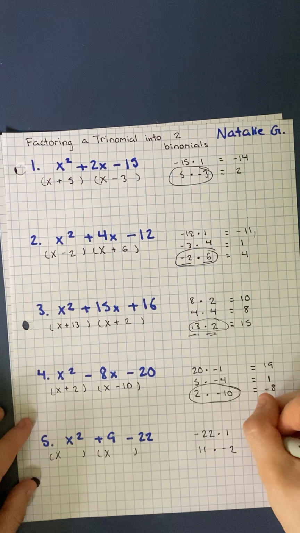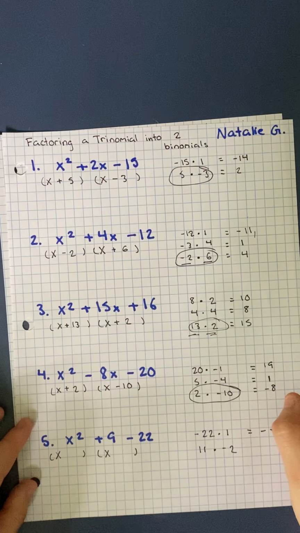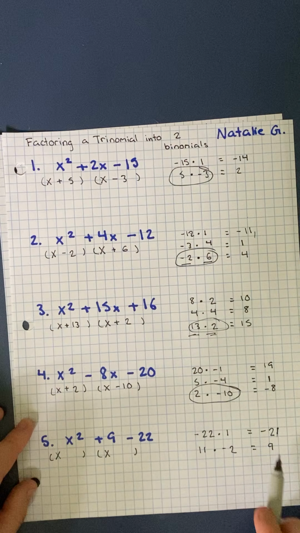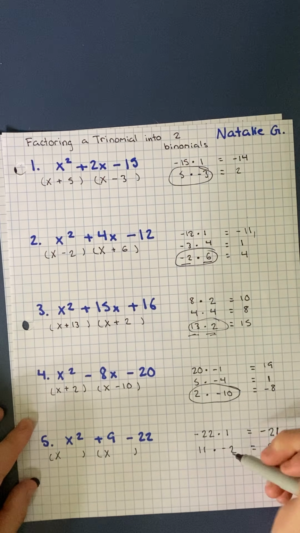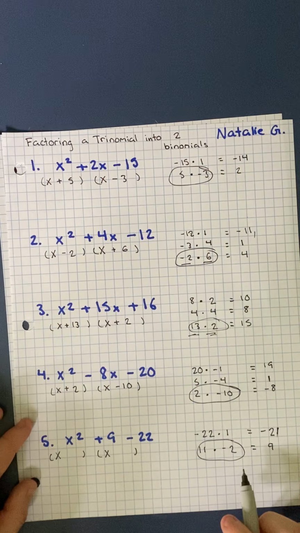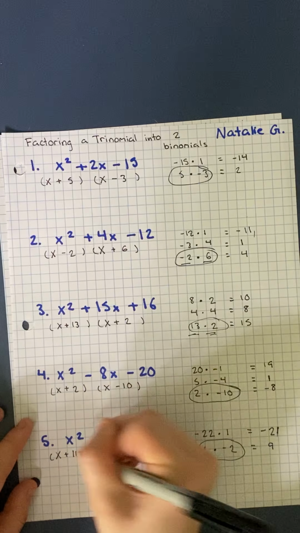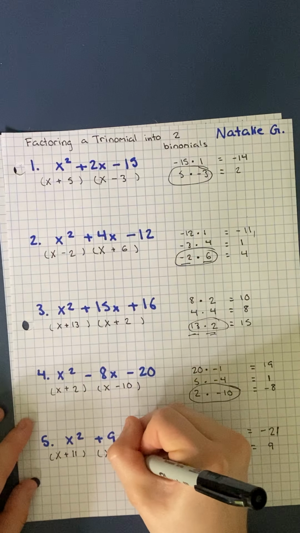These would equal -21, and this would equal 9. So this is 9, and this is also 9, so this has to be our equation, and you just separate the terms, so this would be +11 and -2.